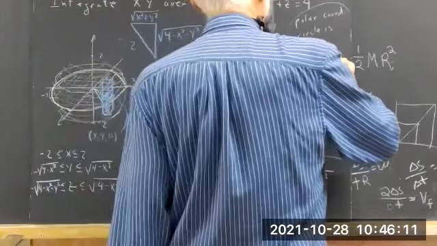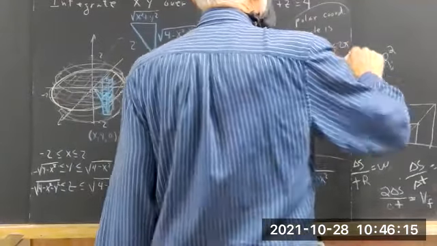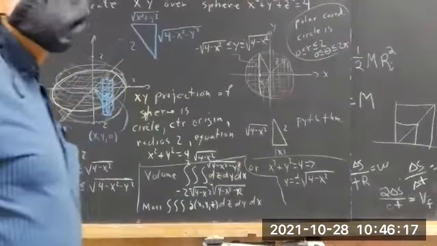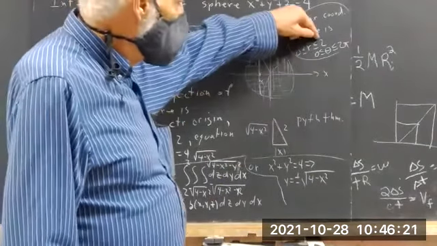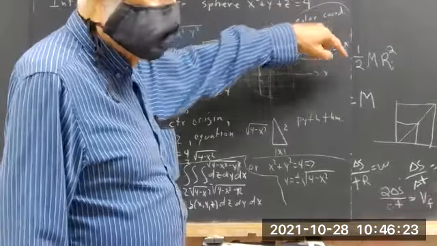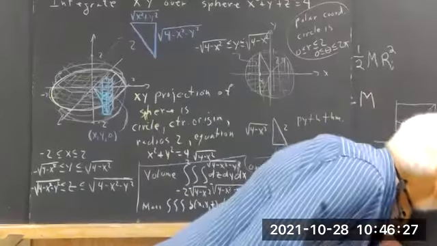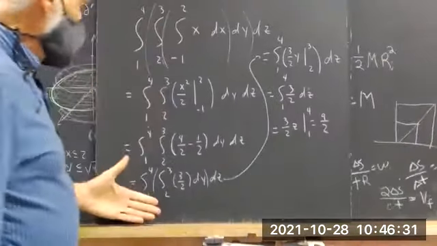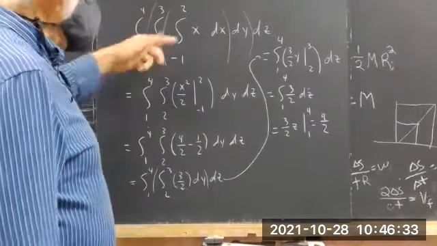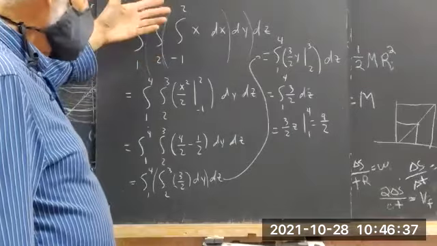And of course, theta goes from 0 to 2 pi. There's no theta in the r limit, and there's no r in the theta limit. So this is analogous to what we did here. It was very easy to integrate because we didn't have any x's or y's or z's in any of these limits. They were just fixed.